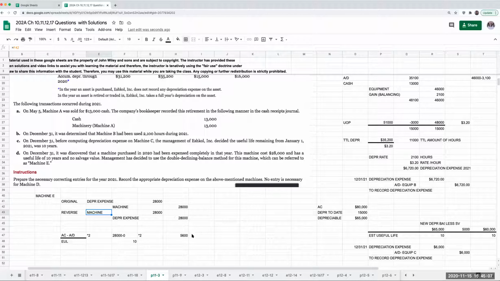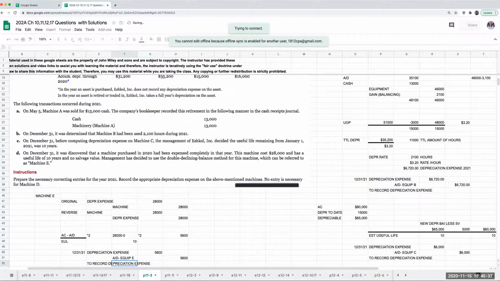Okay, so my journal entry to record depreciation expense is correct. That's what they were trying to do.